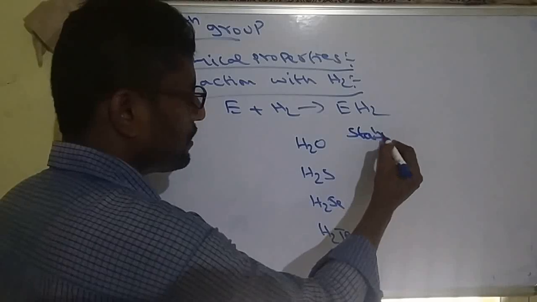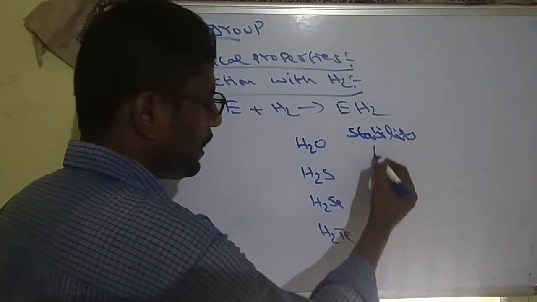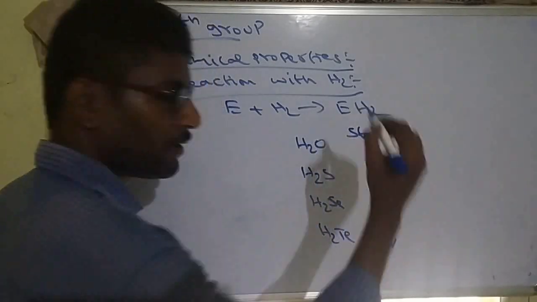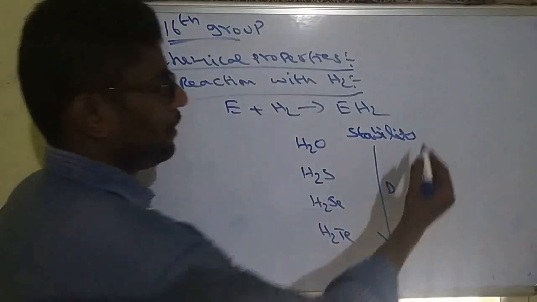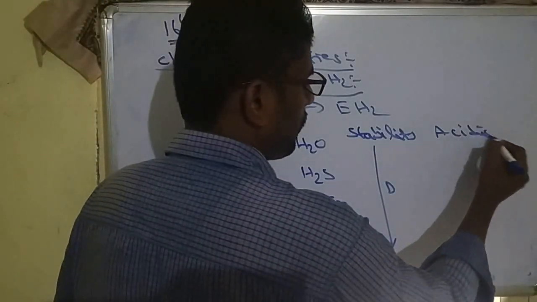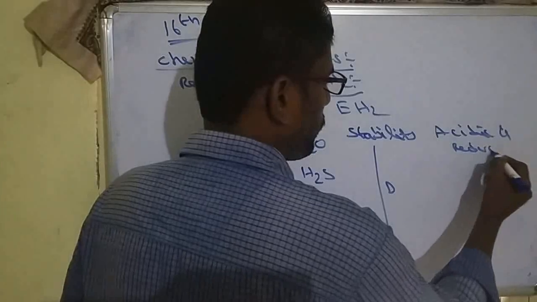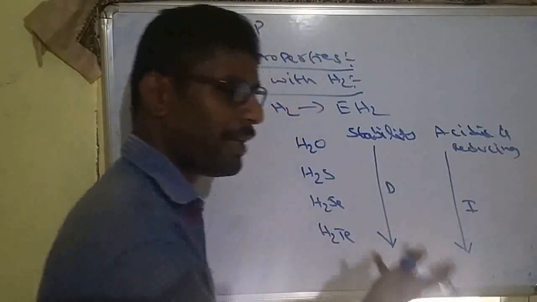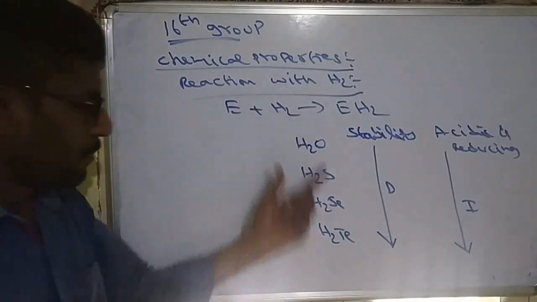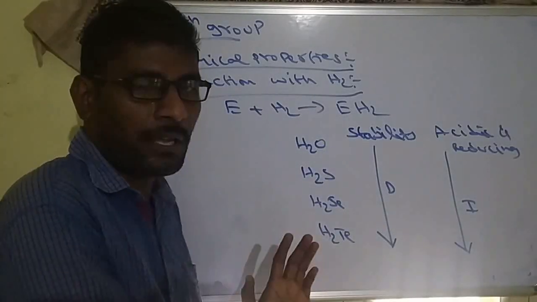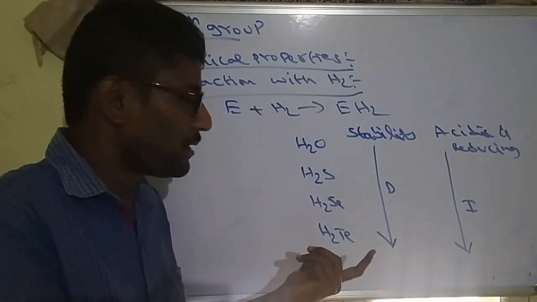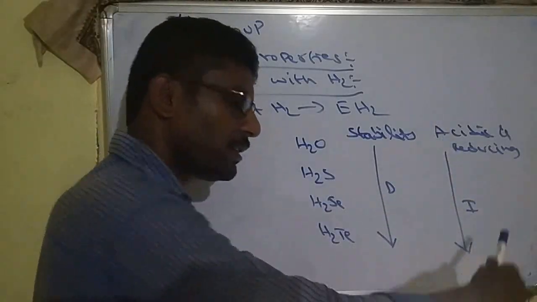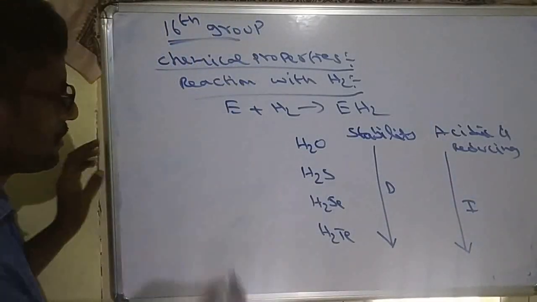Among these hydrides, properties like stability decrease from top to bottom, and acidic and reducing property increase from top to bottom. Same as 15th group hydrides, top to bottom size increases, so lattice energy decreases, so stability decreases, and acidic and reducing effect increases.